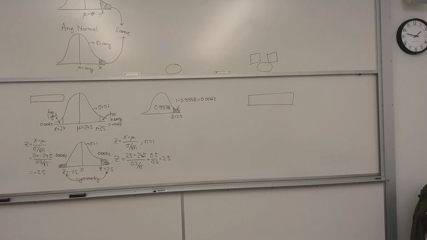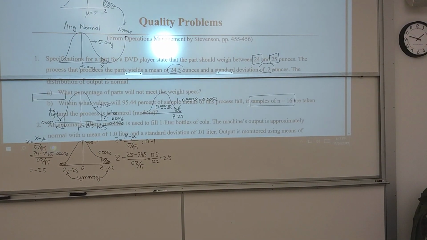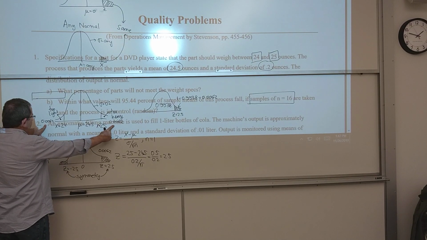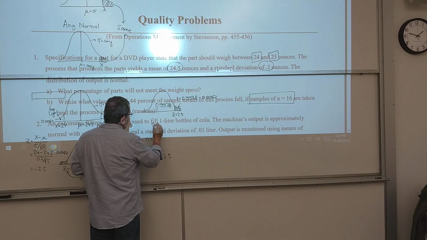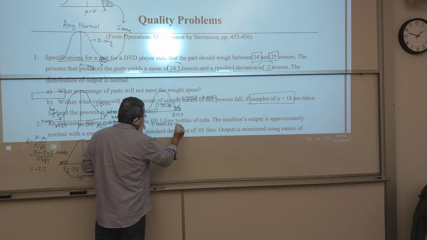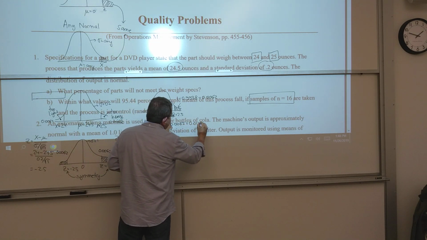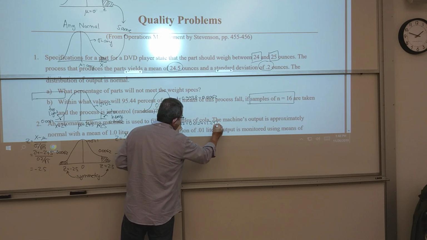The question says, what percentage of parts will not meet weight specifications? We need to add these two numbers up. So 0.0062 plus 0.0062 equals 0.0124, or 1.24%.